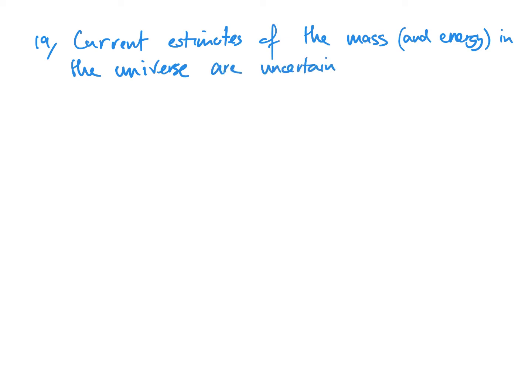And in particular, they kind of straddle that boundary between whether it will keep expanding, right, or whether it will come back in again. So, we do not know the eventual fate of the universe.